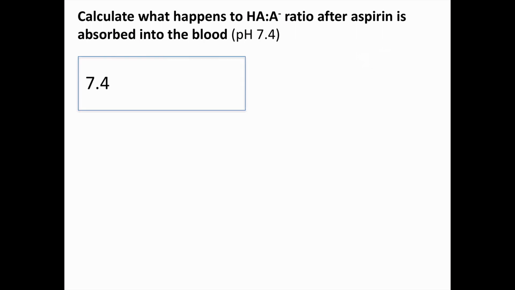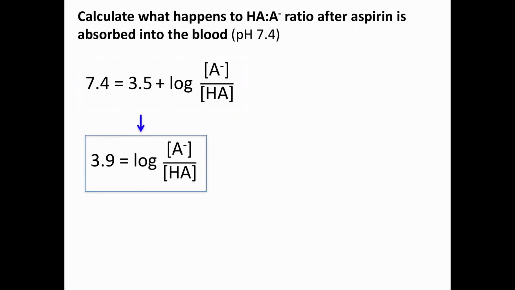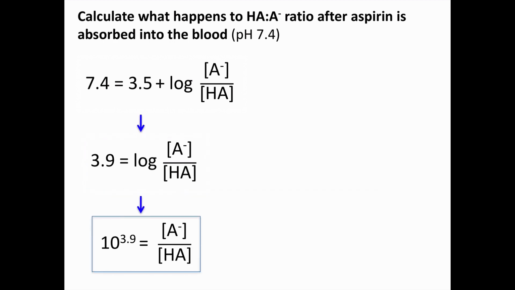So now we get pH 7.4 equals the pKa 3.5 plus the log of A minus over HA. Again, we subtract 3.5 from both sides, yielding 3.9 equals the log of A minus over HA. Then we take the anti-log of both sides, which is 10 to the 3.9th, or almost 4th, power, equals A minus over HA.